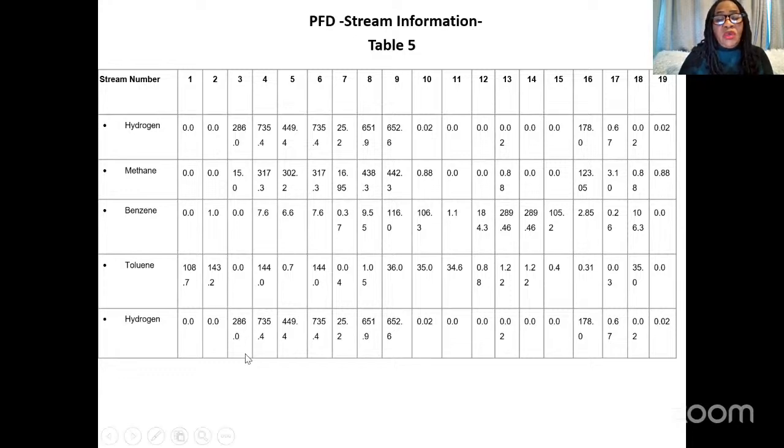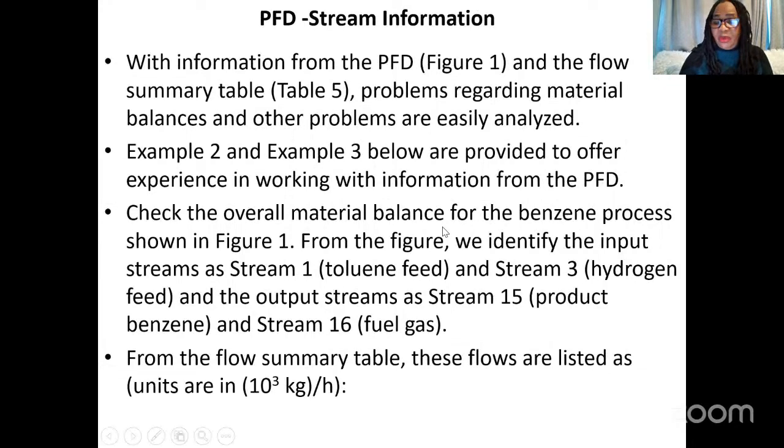When you add stream 1 and stream 3, you should have something equal to the outputs: benzene is stream 15, 105.2. Then stream 16 here is the gas coming out. So let's look at how we solve that problem.